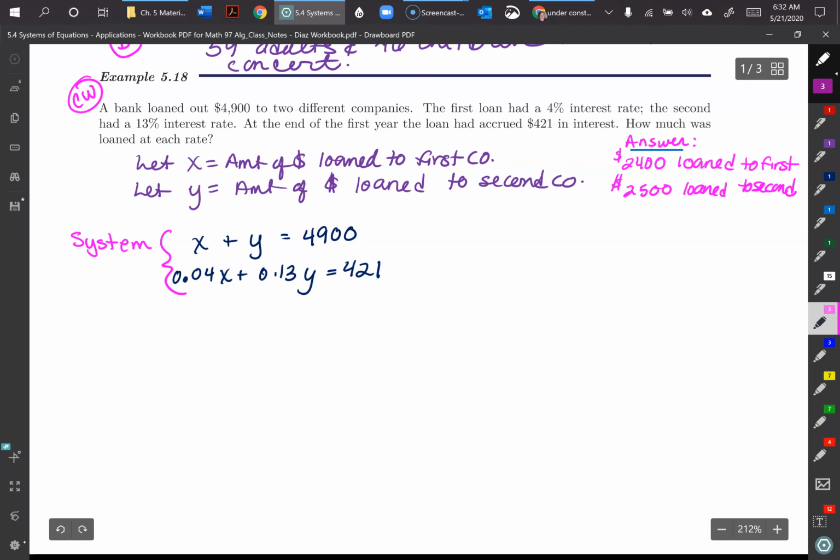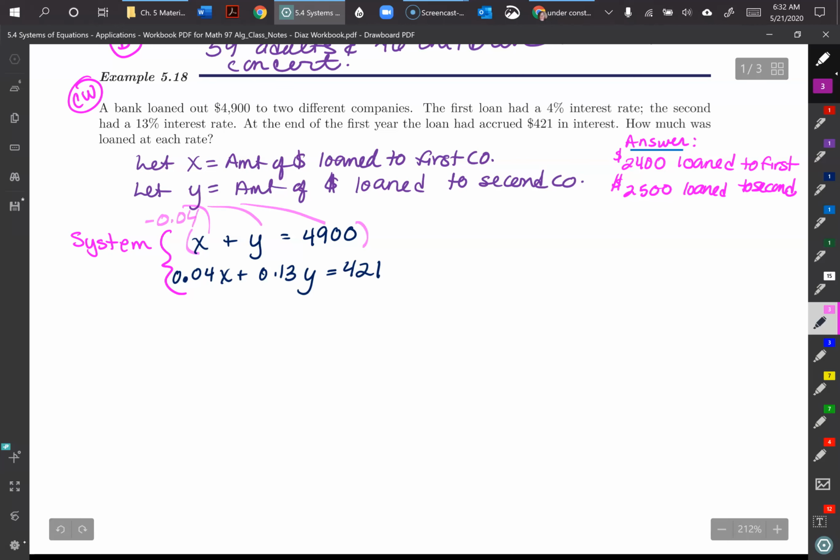All right, and now for this one, I'm going to solve my system, which is x plus y equals 4,900, and that's the quantity equation. The value equation is 0.04x plus 0.13y equals 421. So in order to get a match, I'm going to multiply the top one through by negative 0.04 and distribute it.